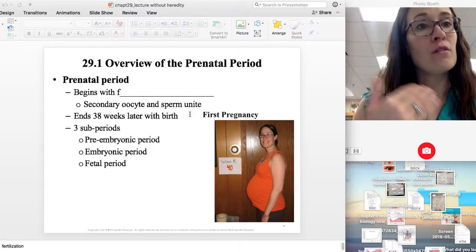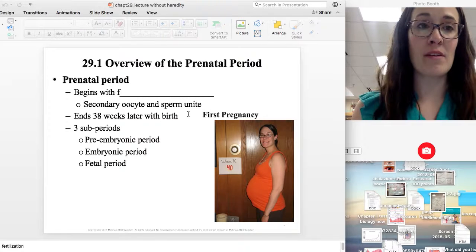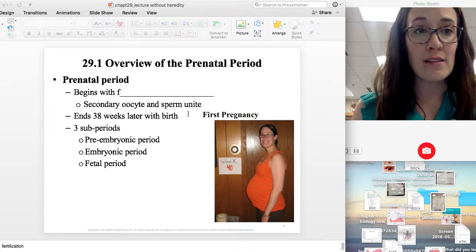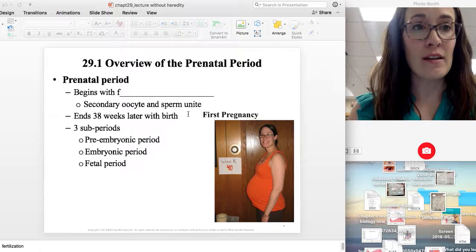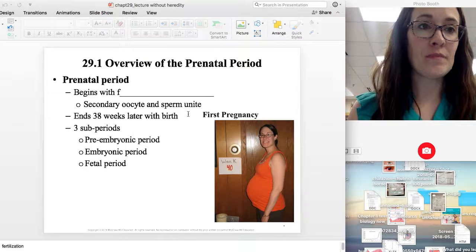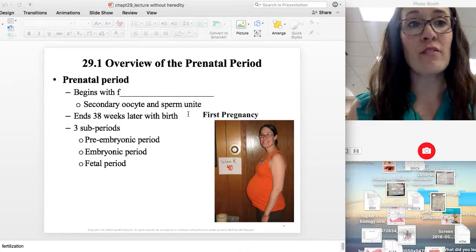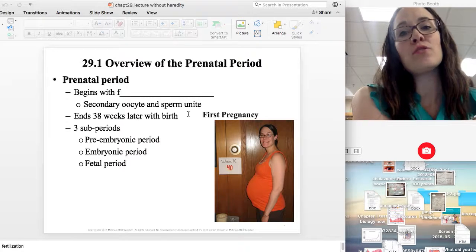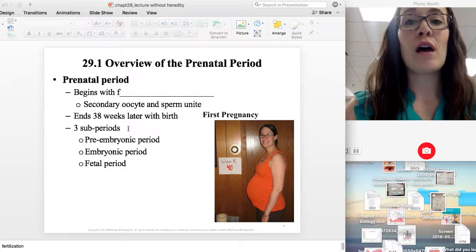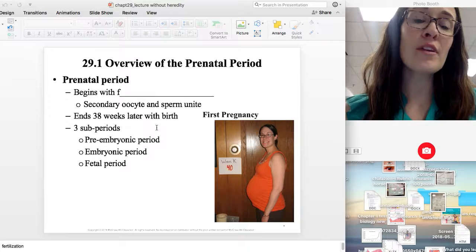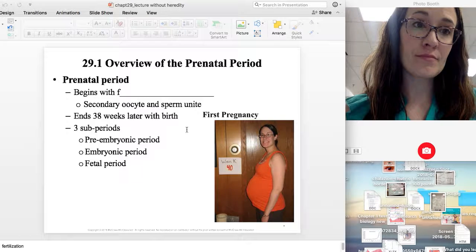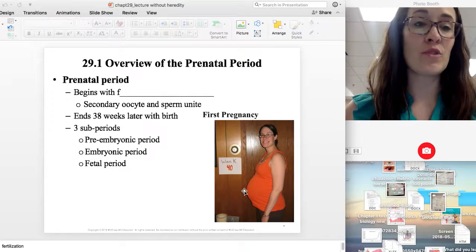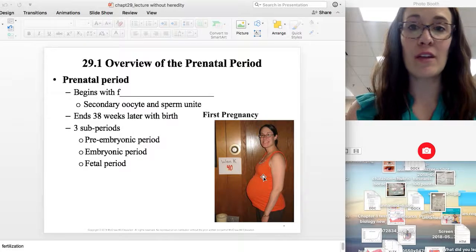And the fertilization actually happens technically 2 weeks into the pregnancy. It's on day of ovulation, which is day 14, 2 weeks. So prenatal ends at 38 weeks after fertilization, which would be 40 weeks after your last period.